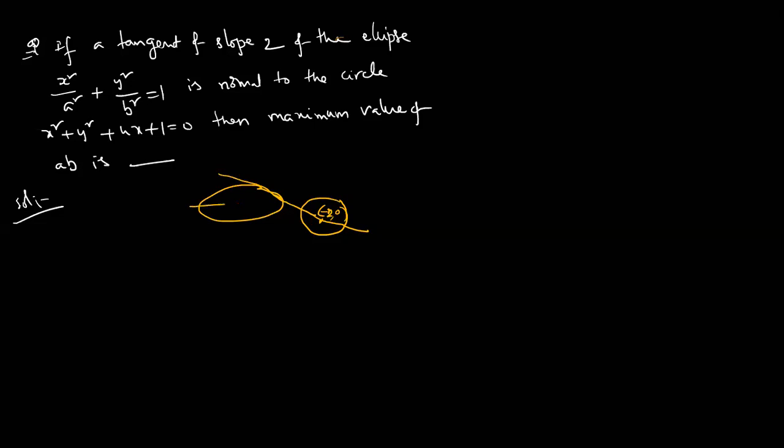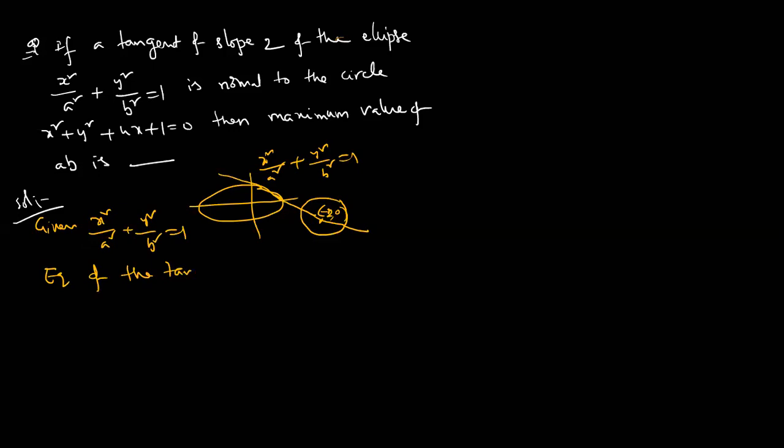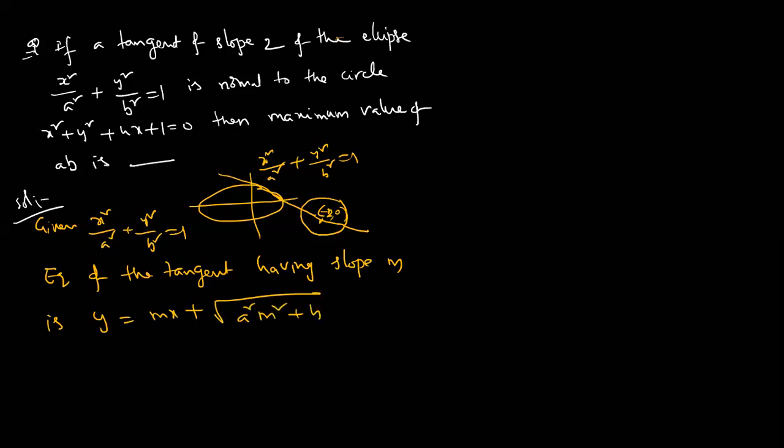So the equation of the tangent having slope m is y is equal to mx plus root over a square m square plus b square.